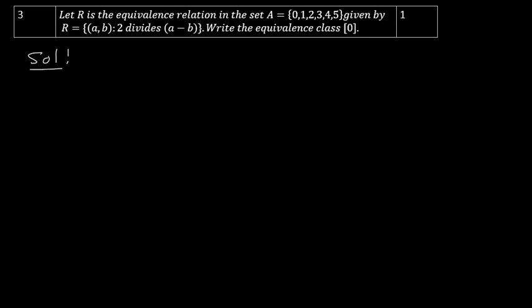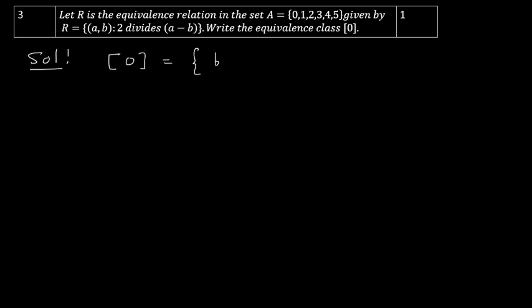So what is the equivalence class of 0? Equivalence class we denote by this symbol. The equivalence class of 0 is the set of all b, we have to write only the set of b, which are related with 0.